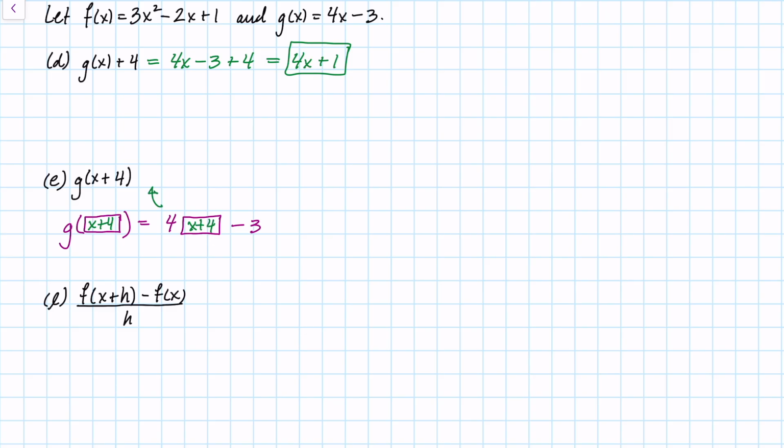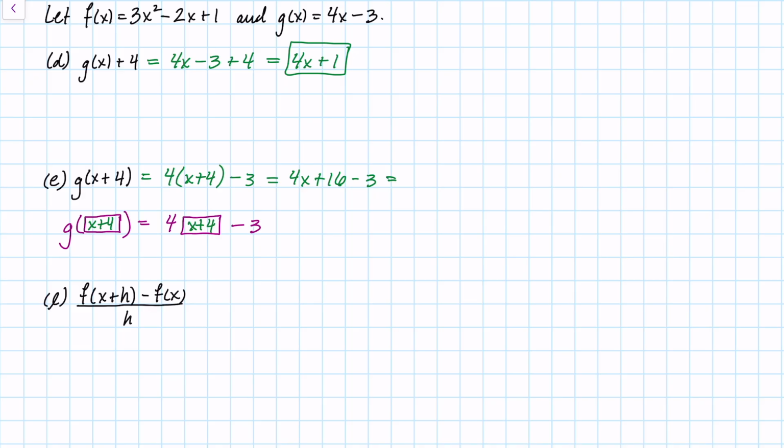And this is actually what we have to write on top. So this is equal to 4 times x plus 4 minus 3. Okay? Then we can simplify that a little bit more because we can distribute this 4 here and over here. So this actually becomes 4x plus 16 minus 3.